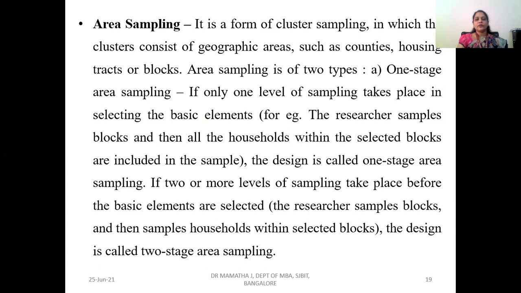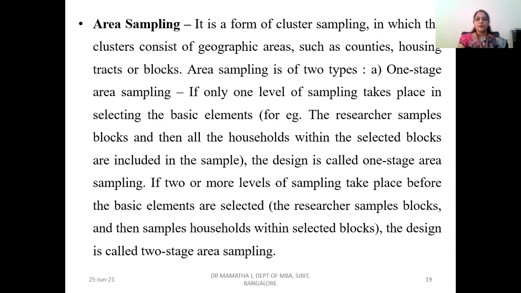Say for example, inside Karnataka, you want different cities to be studied. That type of clustering is called area sampling.